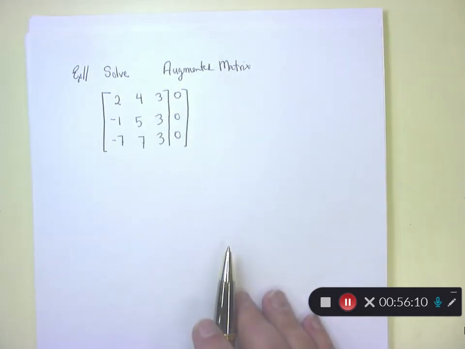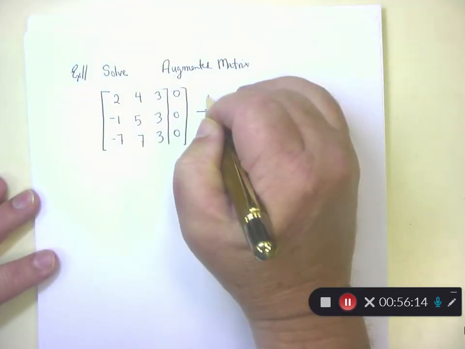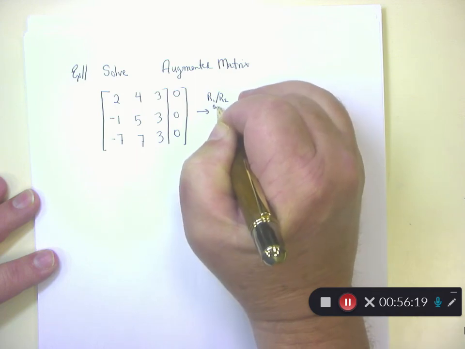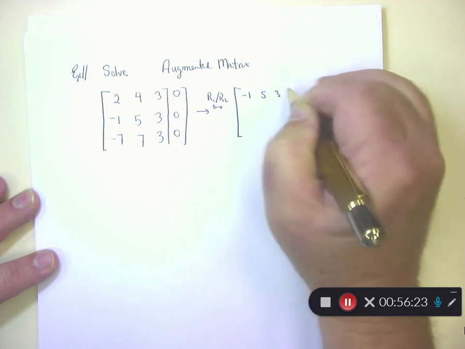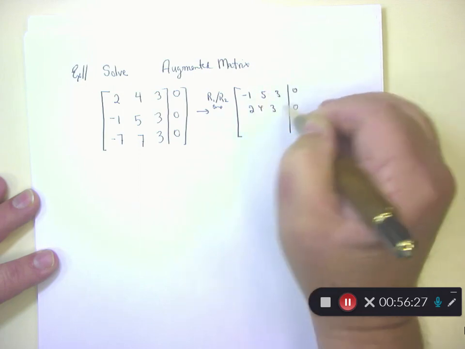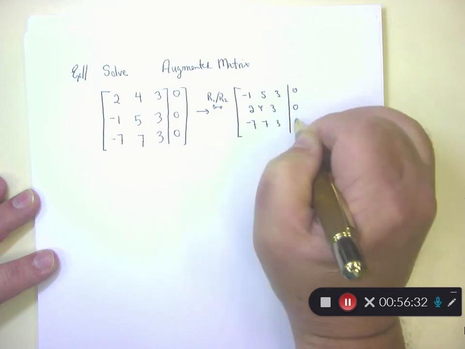That'd give me crappy fractions, especially with the 3/2 thing here. So I'm going to do a row swap. Row 1 with row 2 swap. That's going to give me -1, 5, 3, 0, because I'm trying not to skip steps, then 2, 4, 3, 0, and -7, 7, 3, 0.